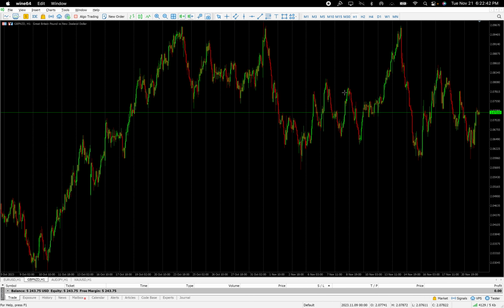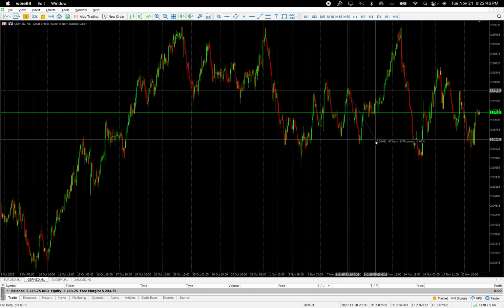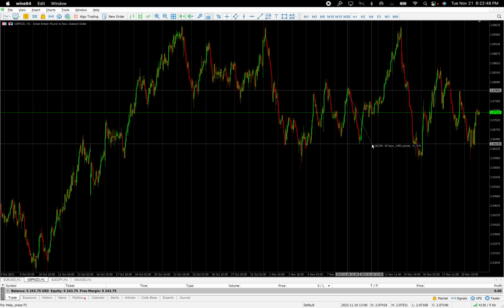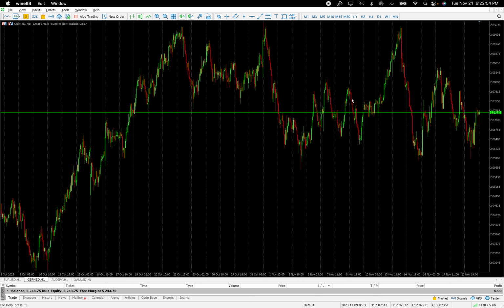And just on these little daily moves, if you went from end to end, that'd be 1,500 points, 150 pips.